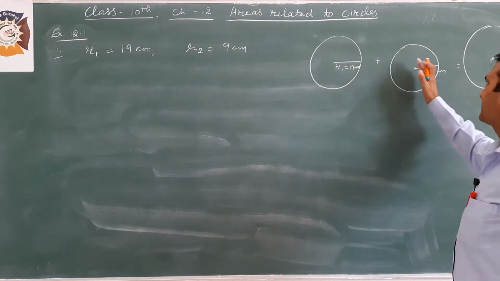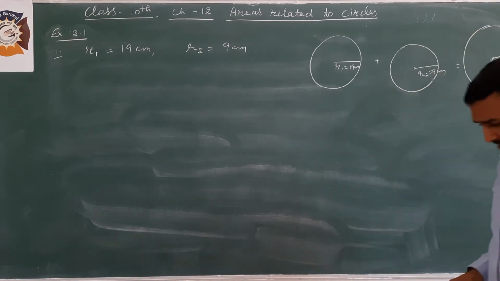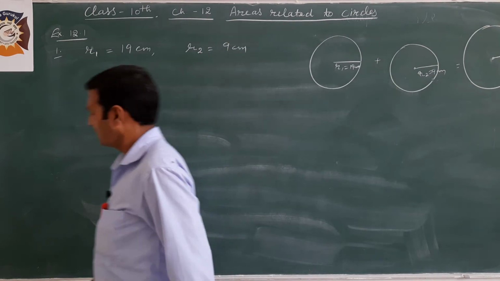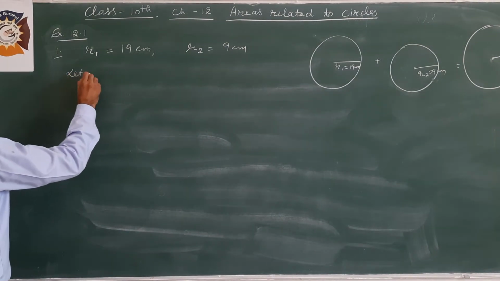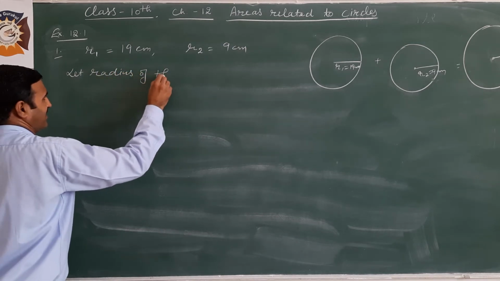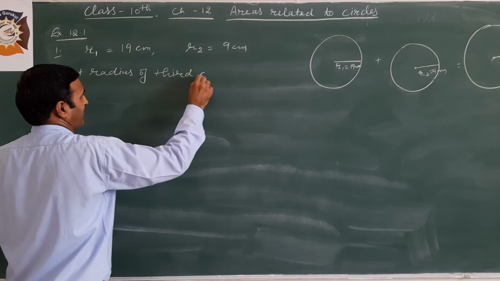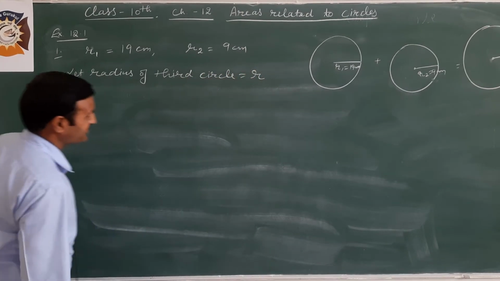इन दोनों की circumferences का sum इस अकेले circle की circumference के equal है, तो हमने radius find out करनी है. So let radius of third circle is small r.